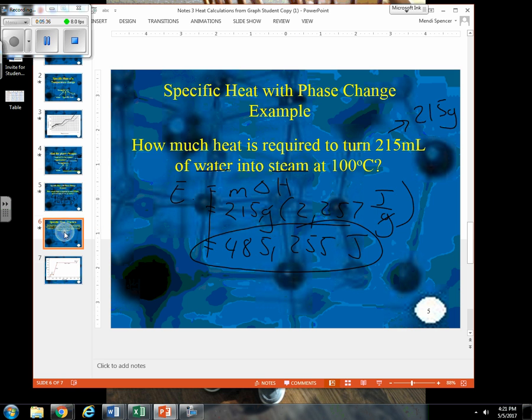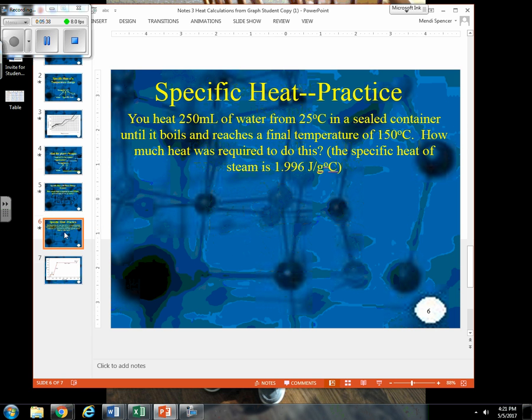So, another way to look at this is if you are going through multiple phase changes, or if you are just going from liquid water at a lower temperature and raising that temperature to above the point of a phase change.